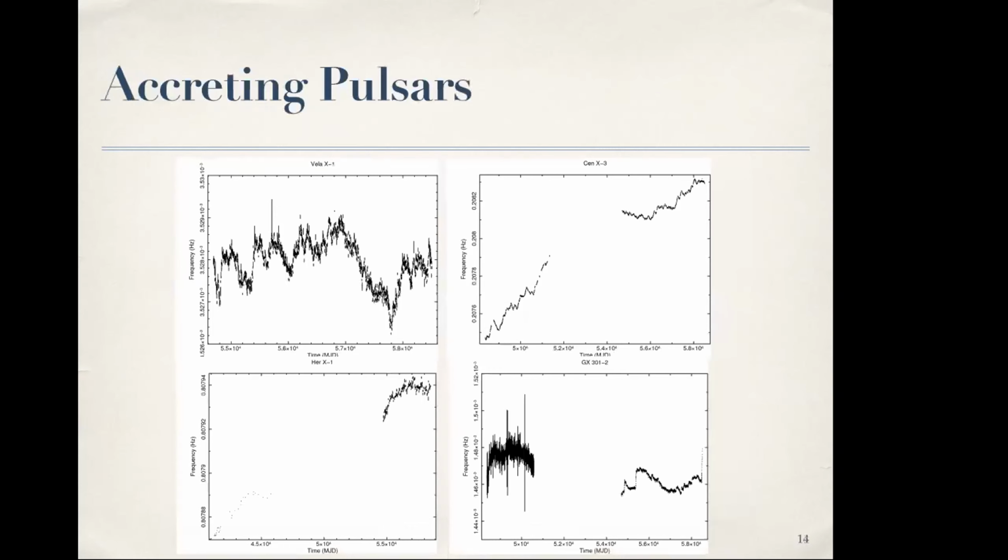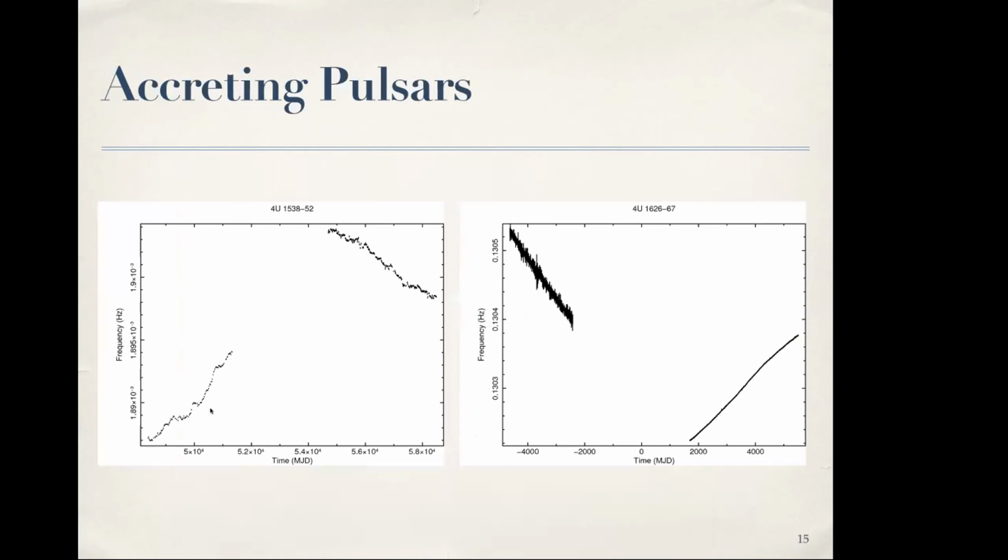And here are shown the frequency histories of accreting pulsars. As can be seen, these sources have episodic spin-up and spin-down intervals.